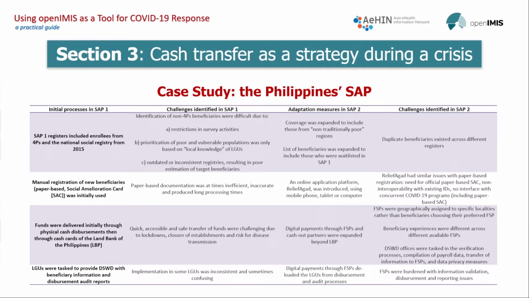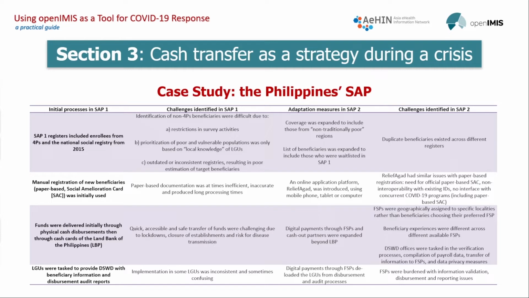Other key implementation lessons learned include the significant roles of number 1, the Central Bank of the Philippines or Bangko Sentral ng Pilipinas in the implementation of SAP 2 through facilitation and arbitration in the engagement of financial service providers or FSPs. Number 2, improved confidence of both the main program implementer, in this case DSWD, and the beneficiaries following the shift to digital payments.